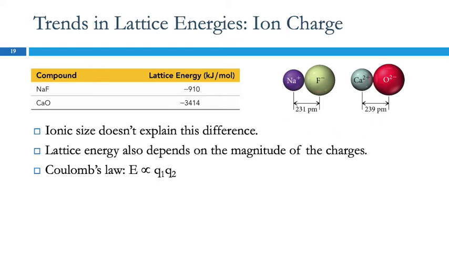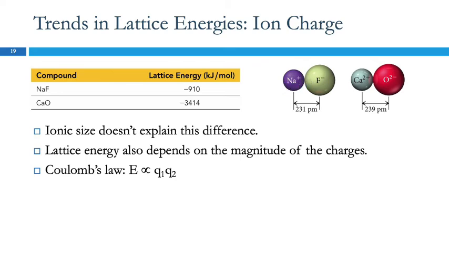Pretty close, right? But the lattice energies are very different. This one's negative 910, this one's negative 3,414. Because here, the charges are plus 2 and minus 2. Here, the charges are plus 1 and minus 1.